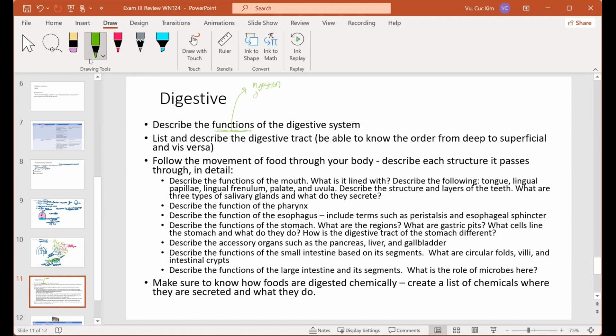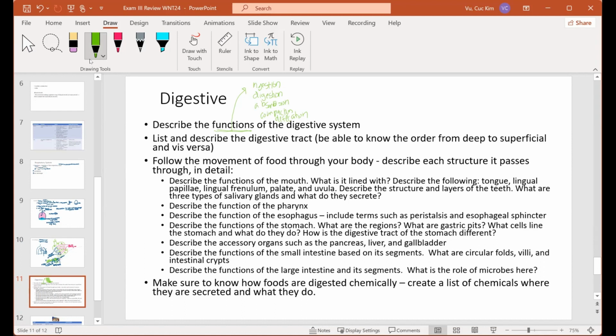Ingestion followed by digestion. And then you have absorption. And then compaction and defecation. Look at that. You even wrote it in the correct order. Okay. So you have ingestion, digestion, absorption, compaction, and defecation.